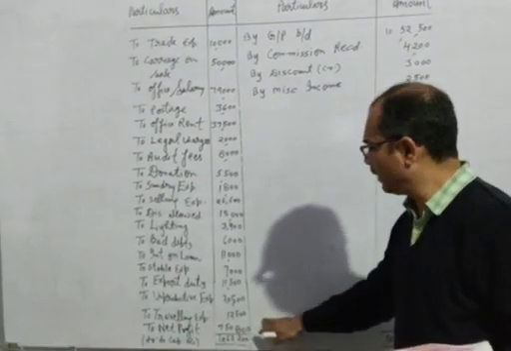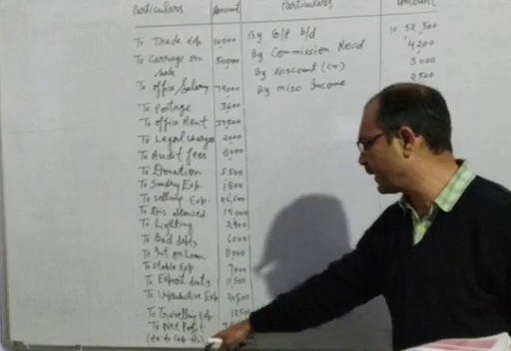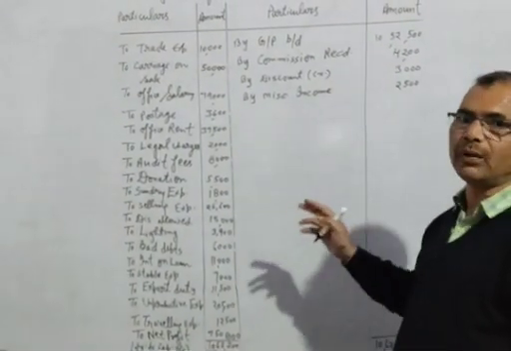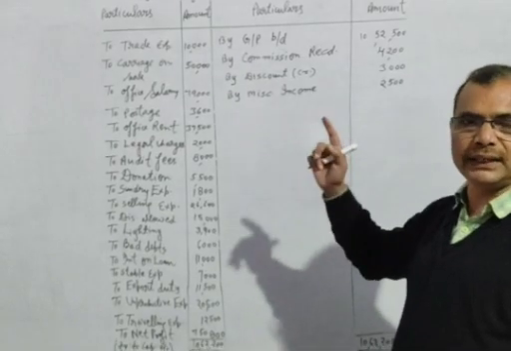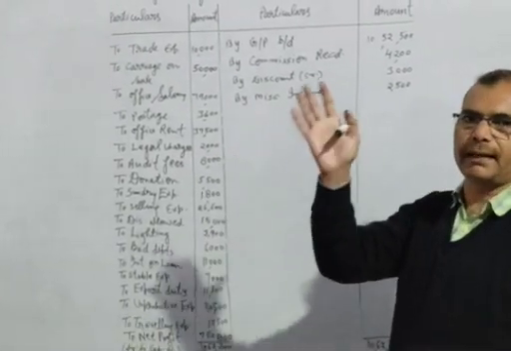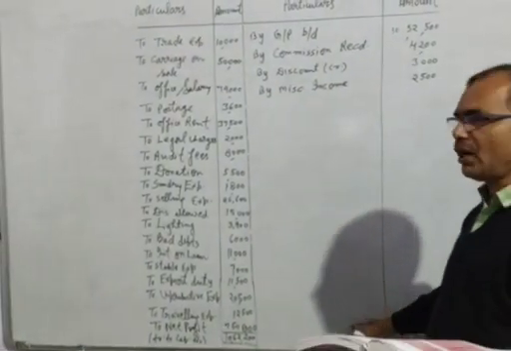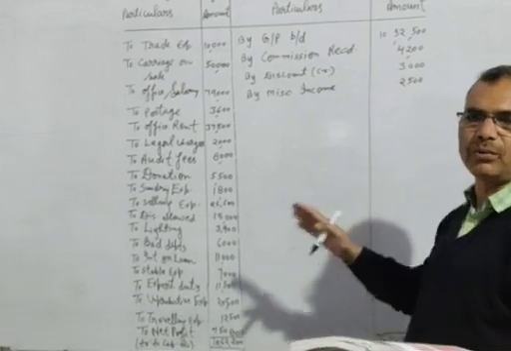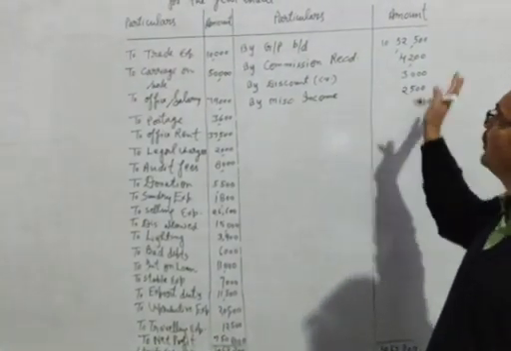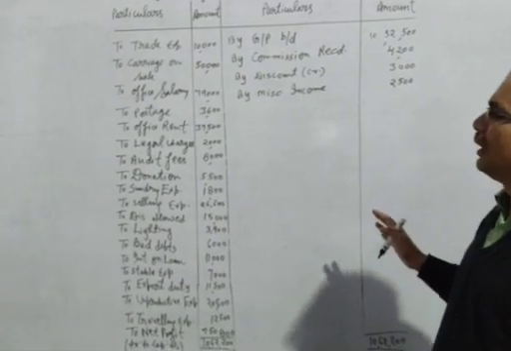So we will write here net loss, and in bracket you will have to write the same, transfer to capital account, and that loss amount will go in the balance sheet when we write the amount of capital, and this net loss amount will be deducted there.